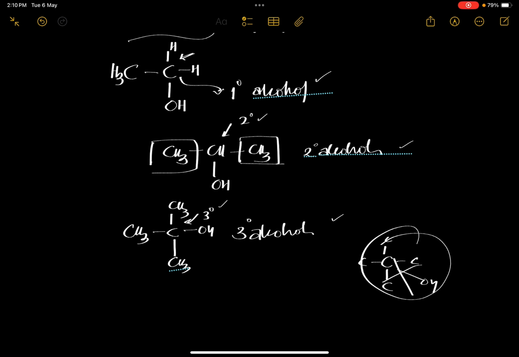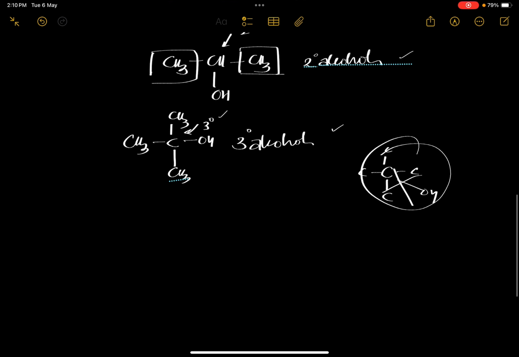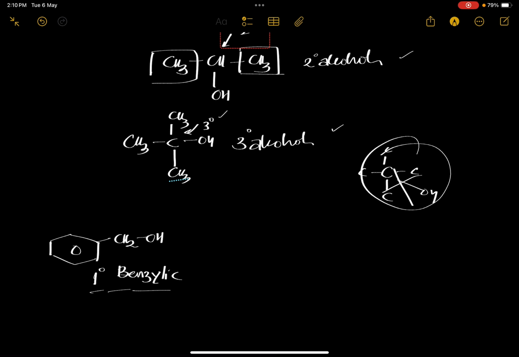So primary, secondary, tertiary. Another type is when a carbon is attached to a benzene ring and OH is present on this carbon. You can call this benzylic alcohol. If you want to be more specific, you can say this is primary benzylic.